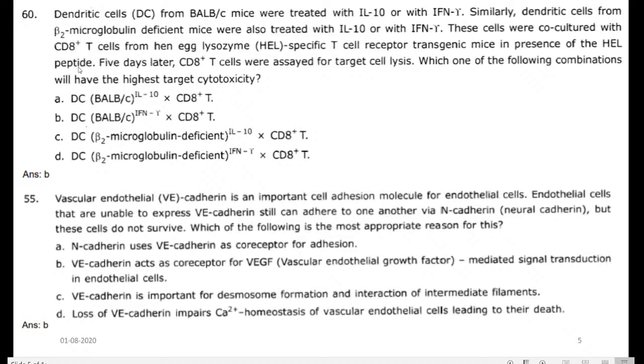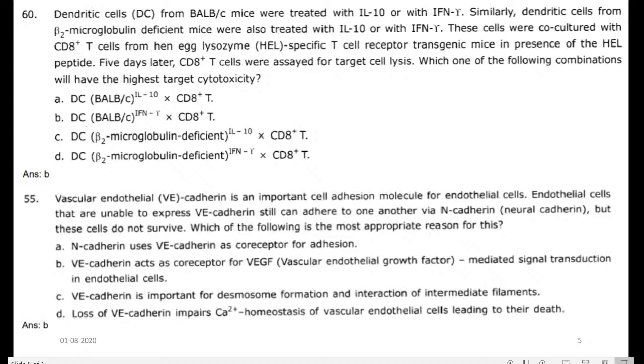Five days later, CD8 plus T cells were assayed for target cell lysis. Which of the following combinations will have the highest target cytotoxicity? The question is which has the highest toxicity.